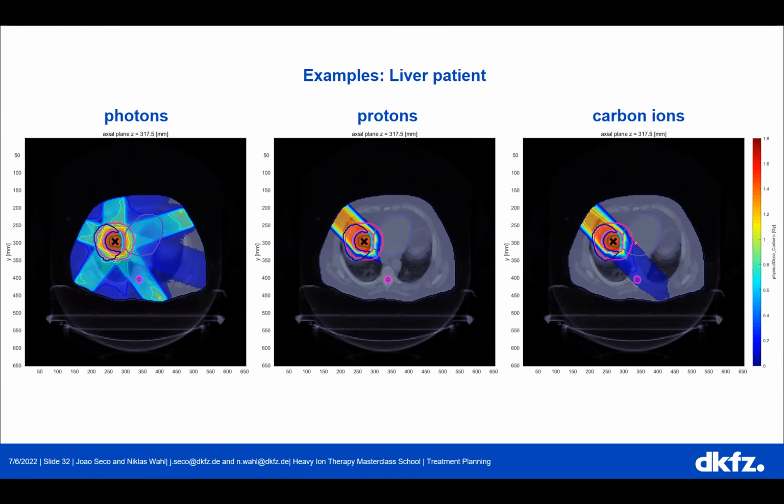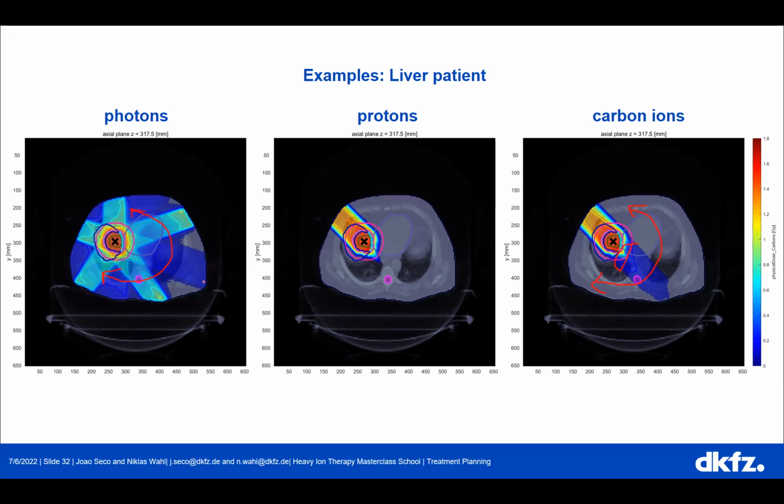I do have some exit dose here in the carbon with some potential biological effects, but the dose is much lower in one beam than all these other beams put together. So we have a huge advantage in reducing the total dose to the remaining part of the body. If this is my body outside the cancer, this part is getting significantly less dose than this region here with the photon beams.